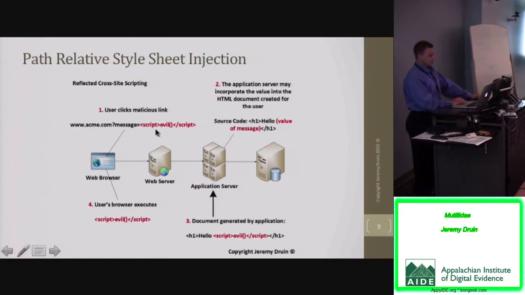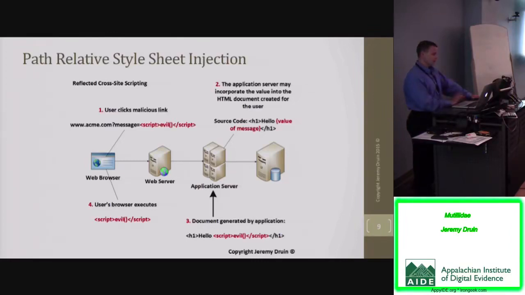This parameter travels all the way to the server, and then the server's source code reads the value of that parameter and then uses that to create an H1 tag, and it says hello and then the value of whatever the parameter is. So in this case, it looks like they're asking the user to type in maybe their name, and then the application would incorporate the name into the response and say, hello, Fred, or whoever that was.